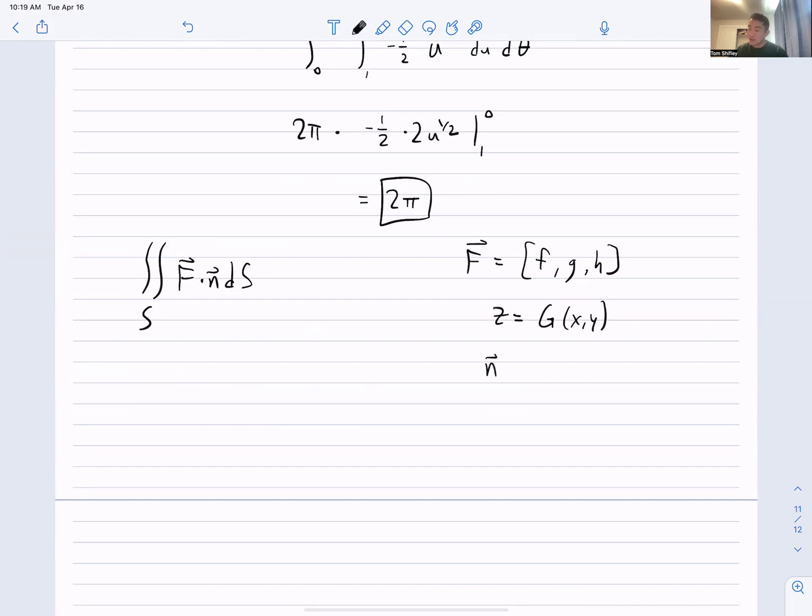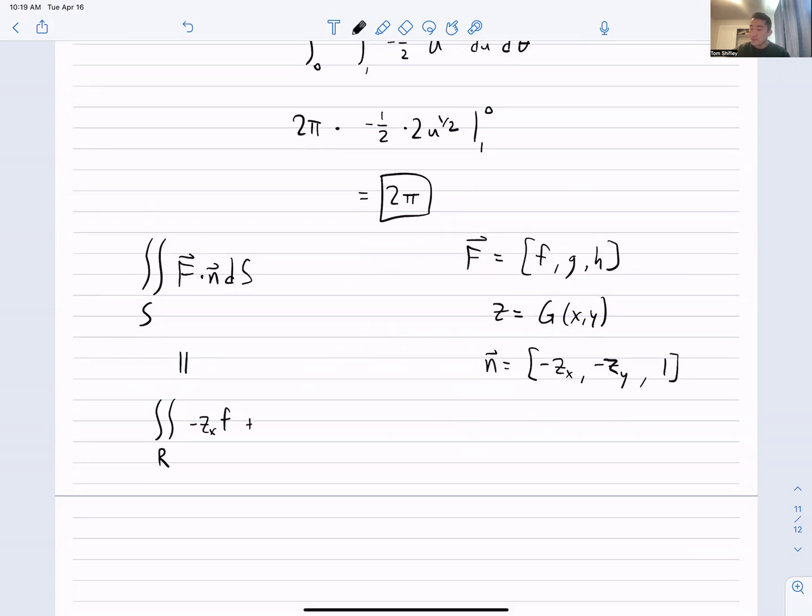Then the normal vector for an explicitly defined surface is negative z sub x, negative z sub y, and then 1. And so then this integral becomes the double integral over the projection in the xy plane of f dot n. If you dot these two vectors, you get negative z sub x times the function f, minus z sub y times g, and then plus h, and then dA.